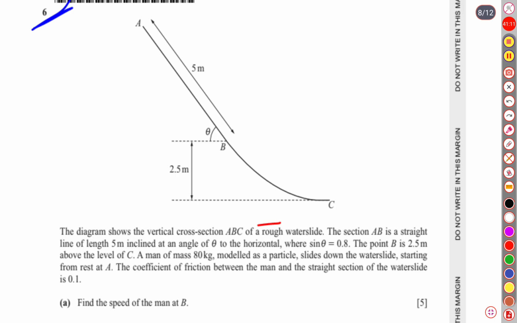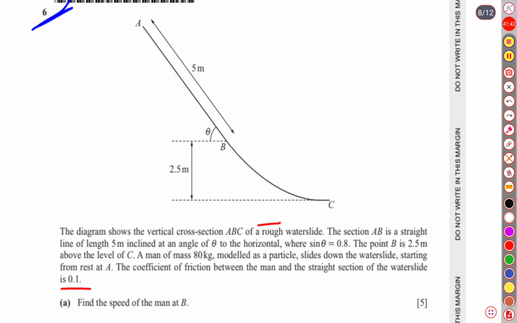The section AB is a straight line of length 5 meter inclined at an angle of theta to the horizontal where sin theta is 0.8. The point B is 2.5 meter above the level of the sea. A man of mass 80 kg, modeled as a particle, slides down the water slide starting from rest at A. The coefficient of friction between the man and the straight section of the water slide is 0.1. Find the speed of the man at B.